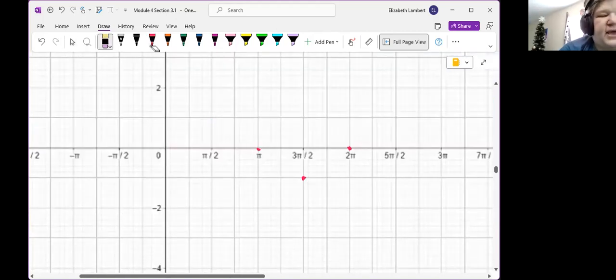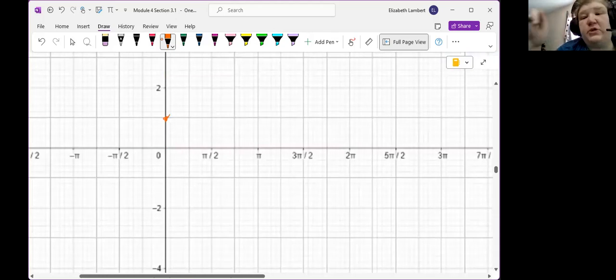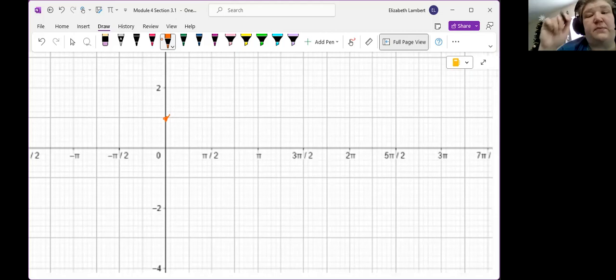Yay for erasing. Cosine starts at 1. And if you're not sure, think about where the unit circle starts. 0 degrees is the point 1 comma 0. Cosine's the x, so cosine starts at 1. We are literally just taking all the unit circle values and graphing them.